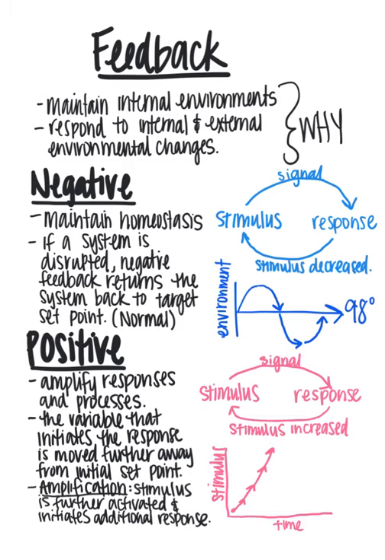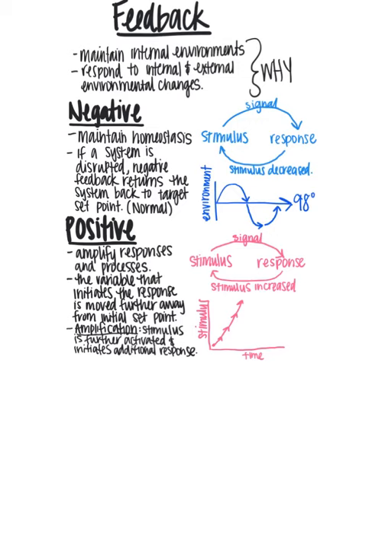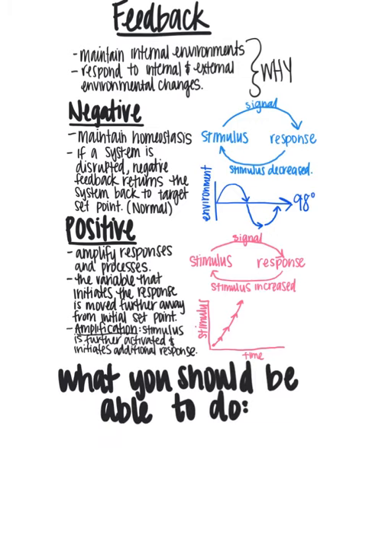Now, as far as the AP test is concerned and what College Board expects you to do with this information, there's a few things that you'll need to be able to do, because College Board will not use the same examples that we go over, but you'll have to be able to apply these.